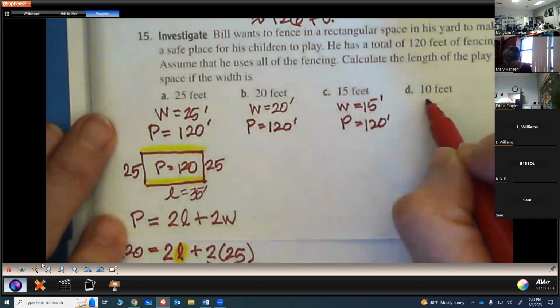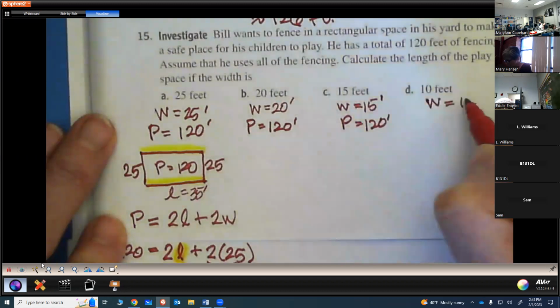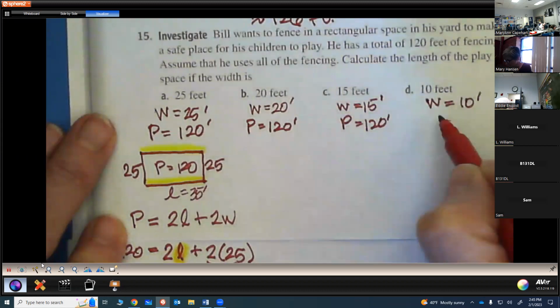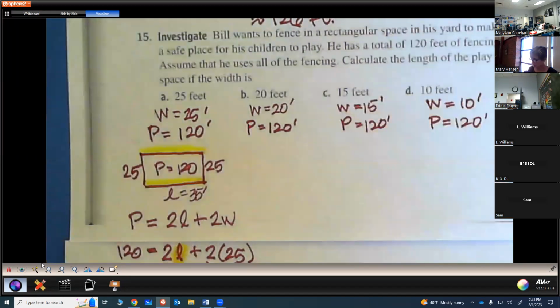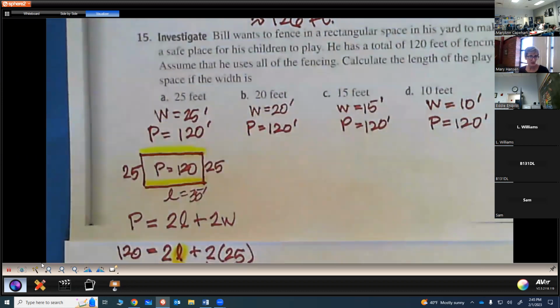And same thing for D, 10 feet wide, and he has 120 feet of fencing. So I'm going to leave you here for a few minutes. I want you to see what you get for your answers for B, C, and D. There's not very much room on that piece of paper. It'd be a good idea, probably, if you did this on another sheet of paper, but you can all make that decision for yourself, but see what you can get for an answer.